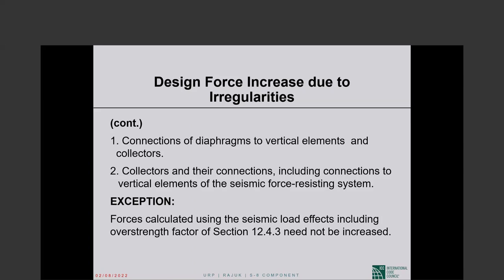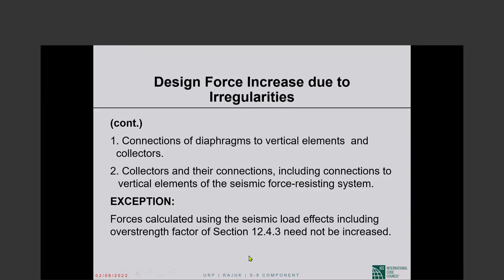Now, there is a significant exception. Forces calculated using the seismic load effects, including overstrength factor. So if you are in design category D, the collectors and their connections have to be designed using the load combinations with overstrength factor.